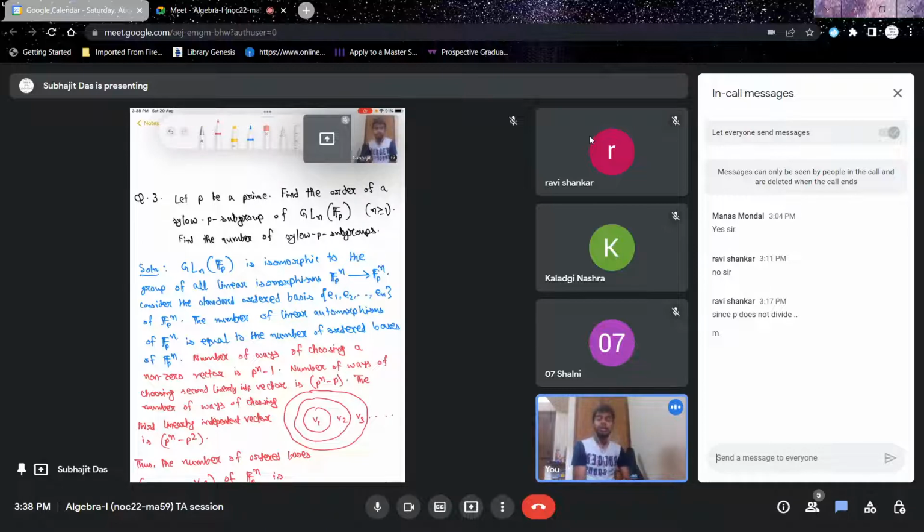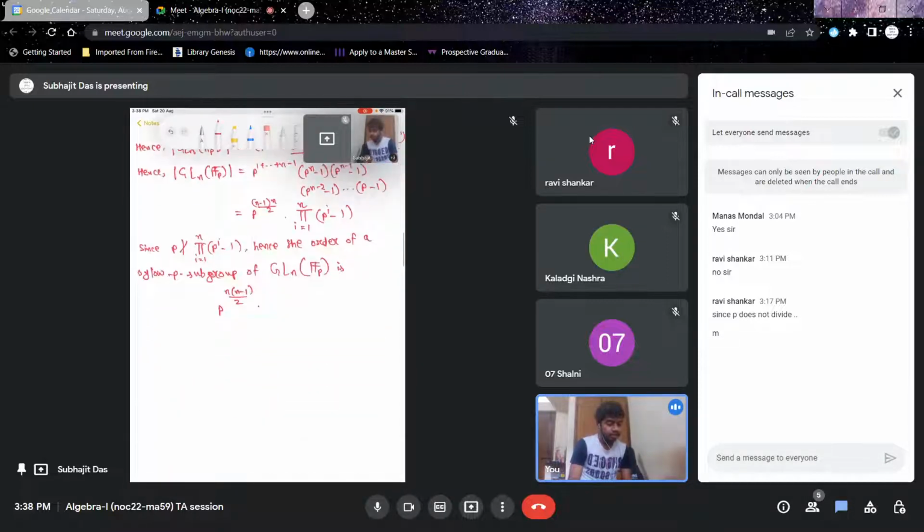It's very easy to check. And the next thing you do is find the normalizer of that Sylow P subgroup, and once you find the normalizer, you just divide the order of G by the order of the normalizer to get the number of Sylow P subgroups. So that is a brief description of the way we can find the number of Sylow P subgroups of GL_n(F_p). I'll write it down, and when I share you can see.